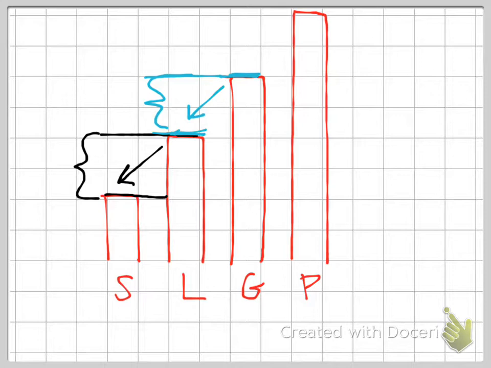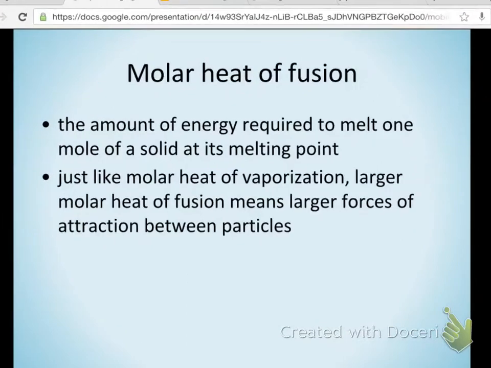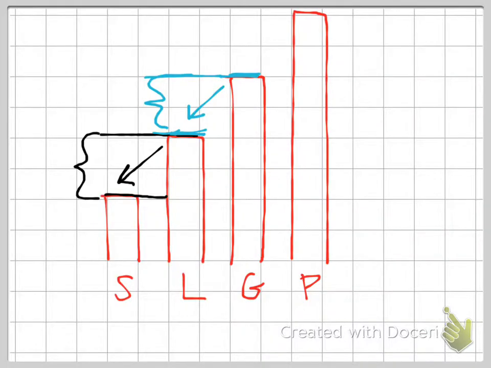Now, that amount of energy that it takes when we're going from solid to liquid or liquid to solid, that's not molar heat of vaporization. That's molar heat of fusion. So it's the same relationship. It's that amount of energy that exists here between the solid and liquid state.